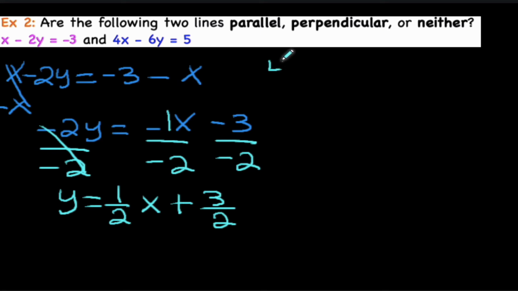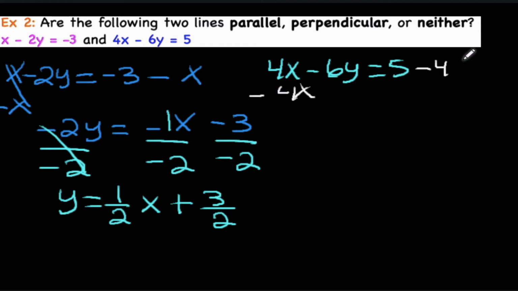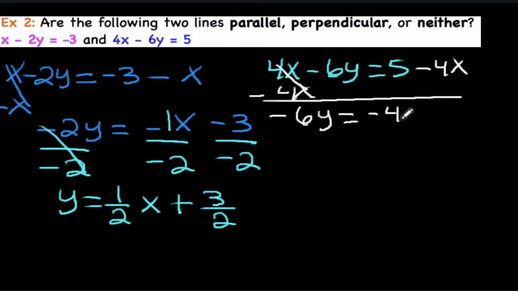So we have 4x minus 6y is equal to 5. So we're going to subtract 4x on both sides here. Okay, so we have negative 6y equals negative 4x plus 5.